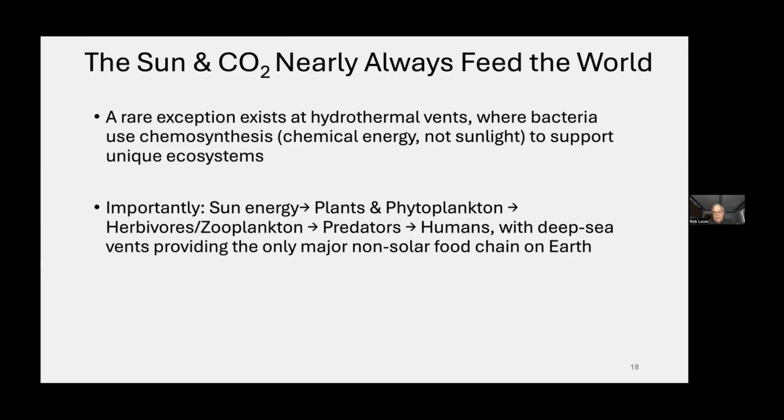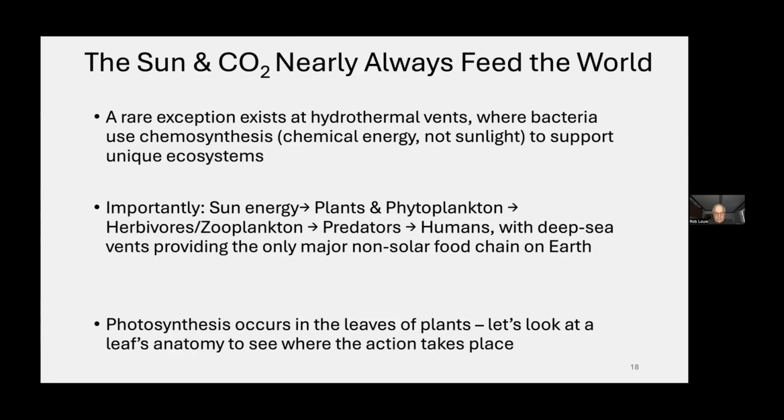Likewise with phytoplankton, this then leads to herbivores and zooplankton, which are predated on by predators, and eventually it gets to humans as the apex predator. And with deep sea vents providing the only major non-solar food chain on Earth, and only in the very deep sea areas, we don't benefit ourselves from that.